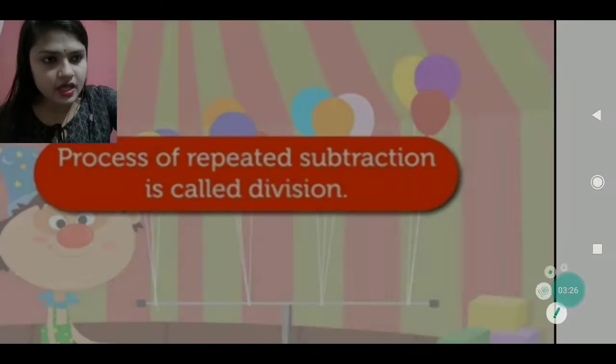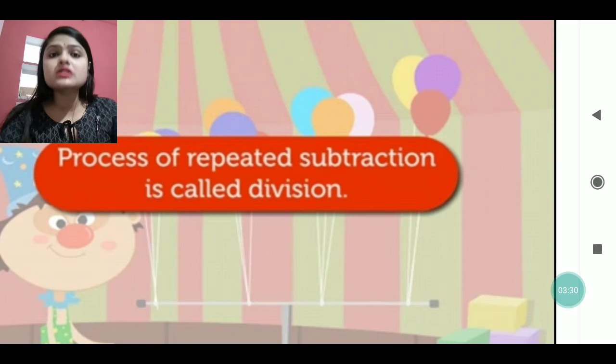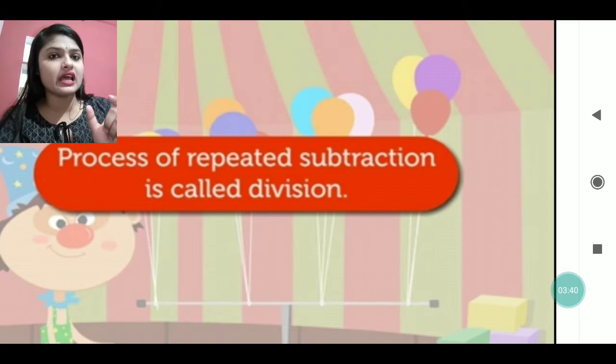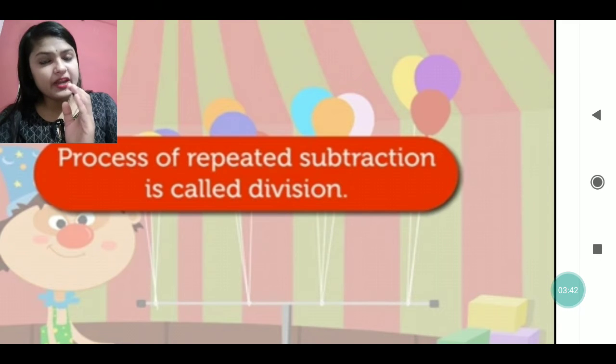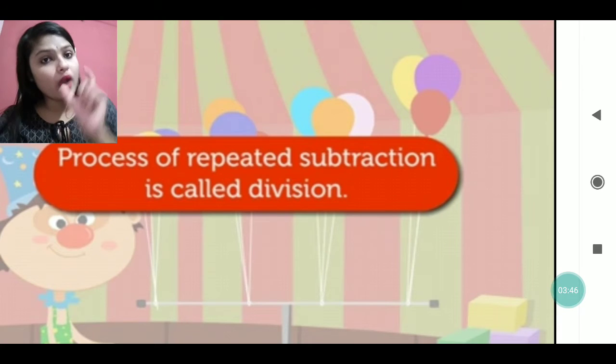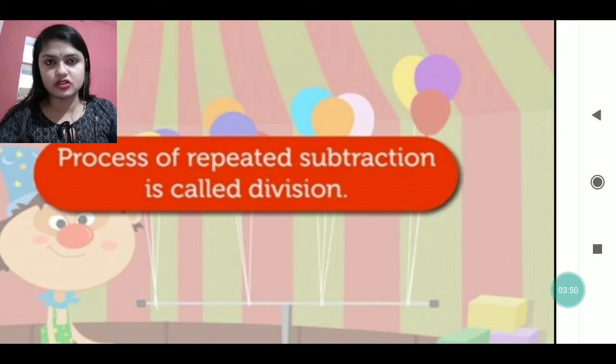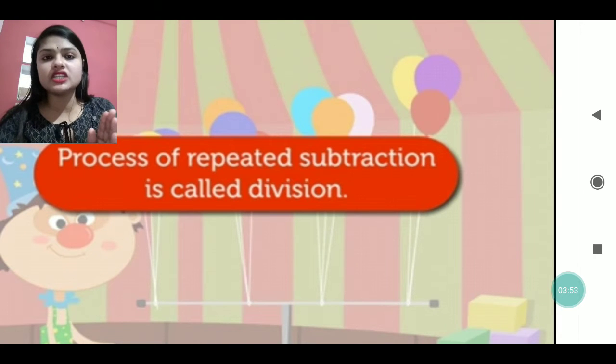Now let's move on. The next point is that division is also called repeated subtraction. What is it called? Repeated subtraction. In multiplication, I explained to you that multiplication is called repeated addition. We add one single number repeatedly, and that is all multiplication is about.